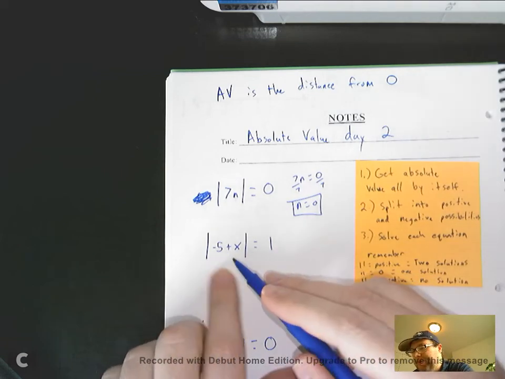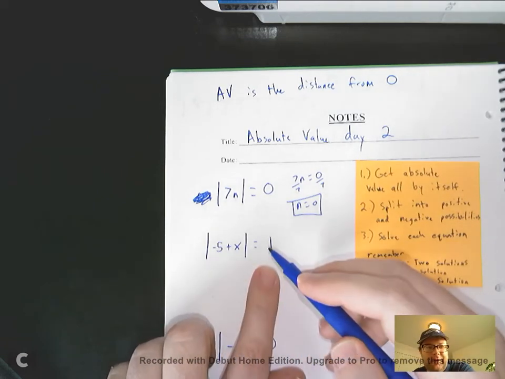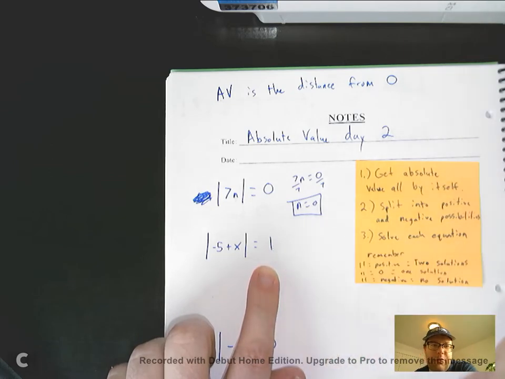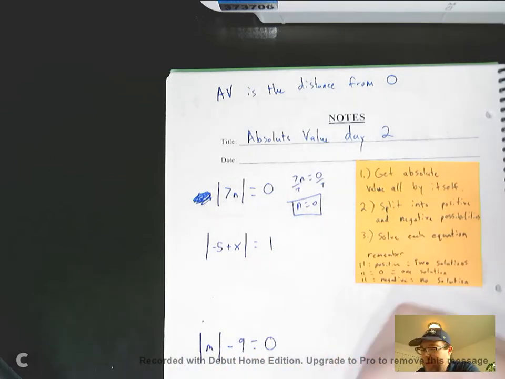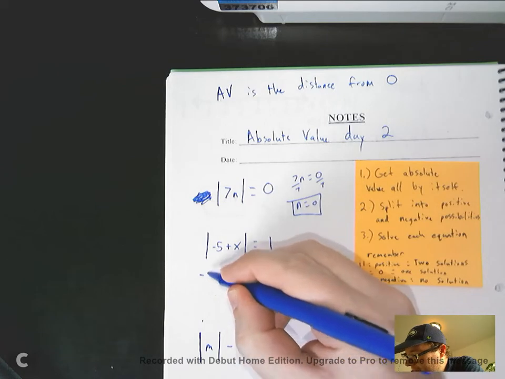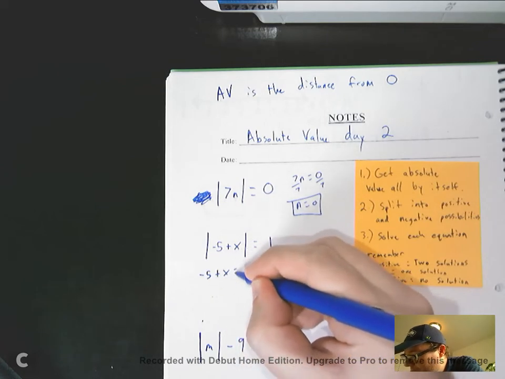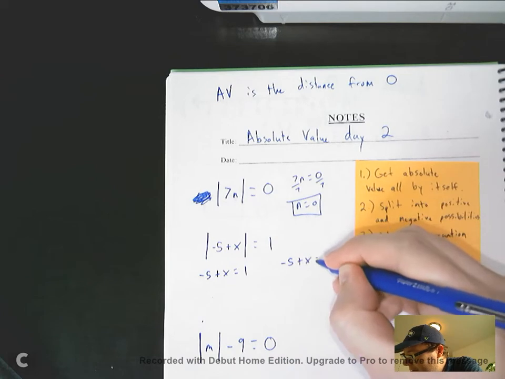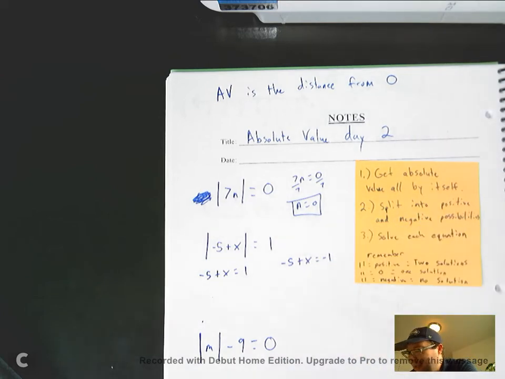So negative 5 plus x has an absolute value of 1. There are two numbers that have an absolute value of 1, right? Positive 1 and negative 1. So that means negative 5 plus x could equal 1, or negative 5 plus x could equal negative 1. And I know my 5s look like s's, but it's fine.